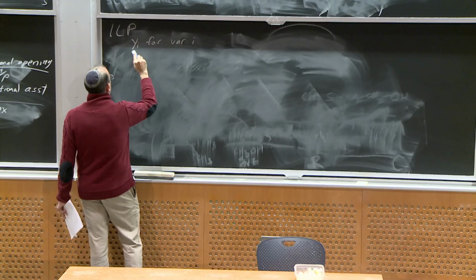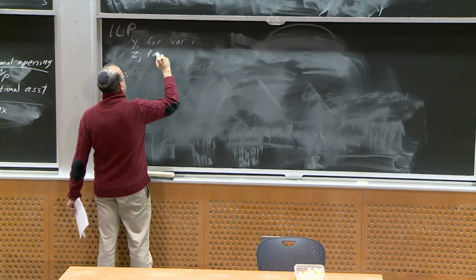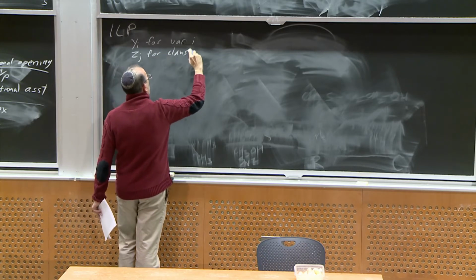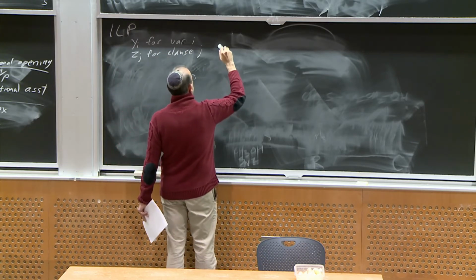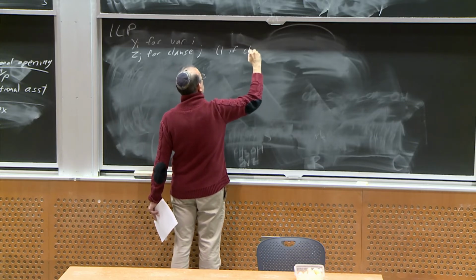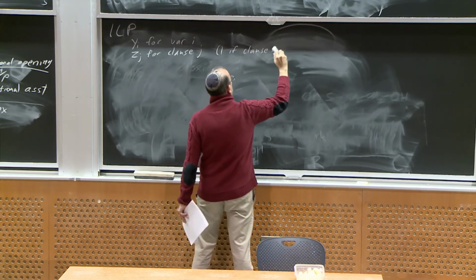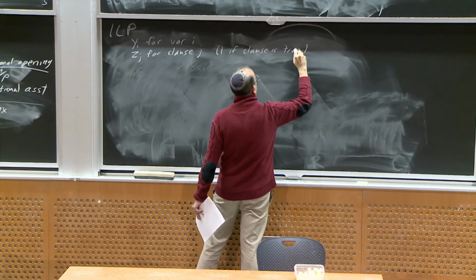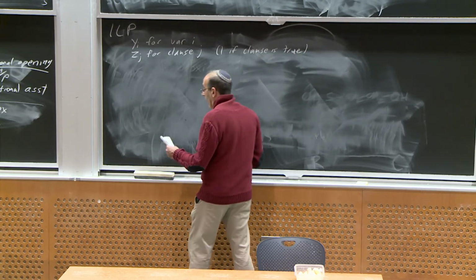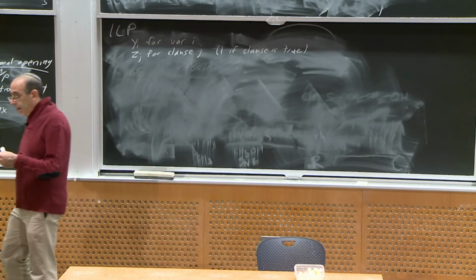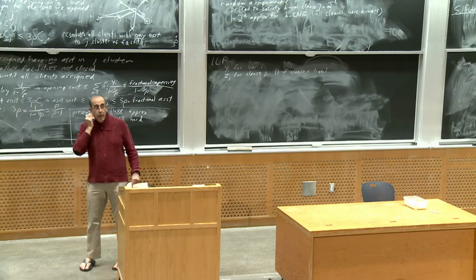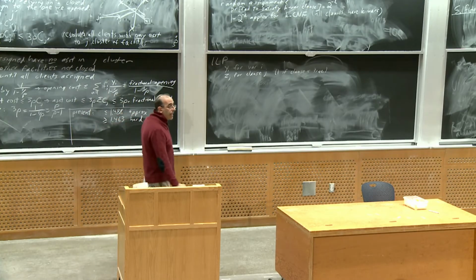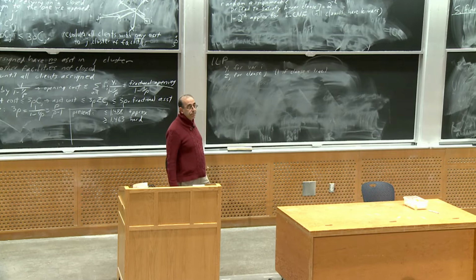I'm also going to have a variable zj for a clause j, which is supposed to be 1 if this clause is true. And so the question is, can we define some kind of integer linear program that captures this?